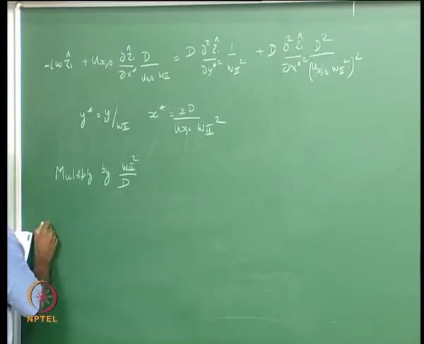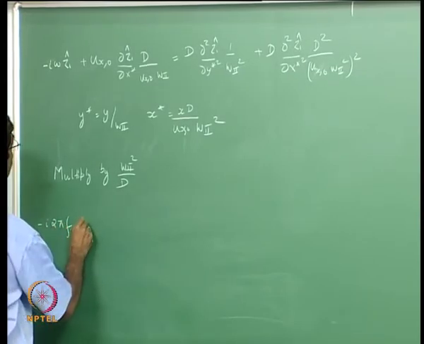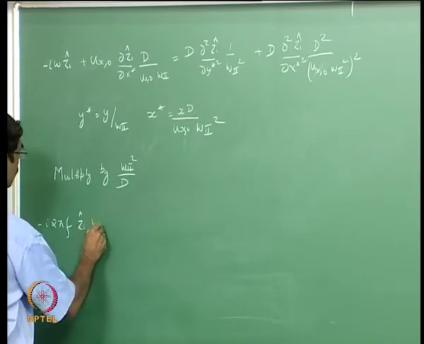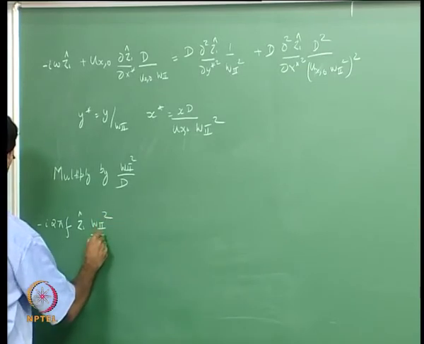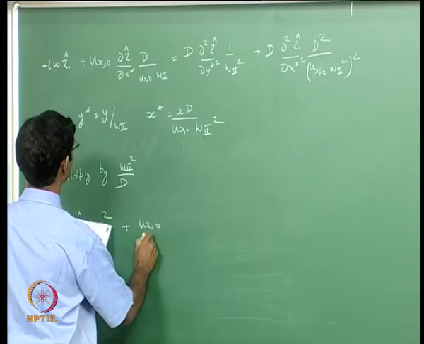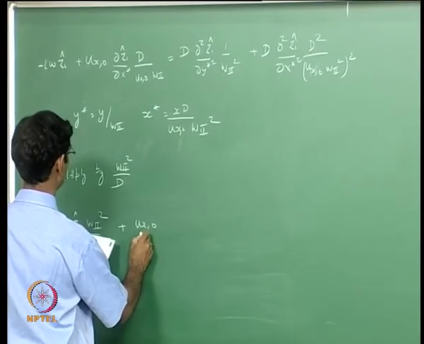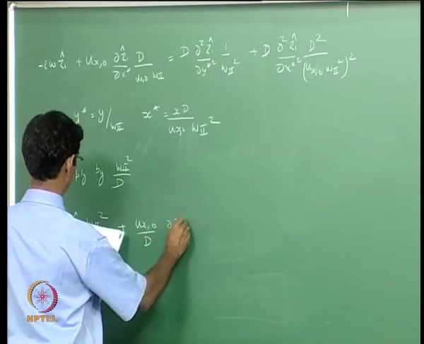So I will get minus I 2 pi f z1 hat squared over d plus Ux comma 0 over d.